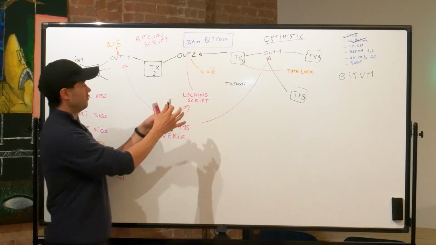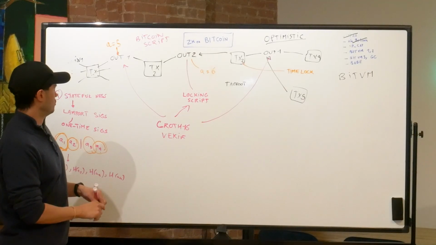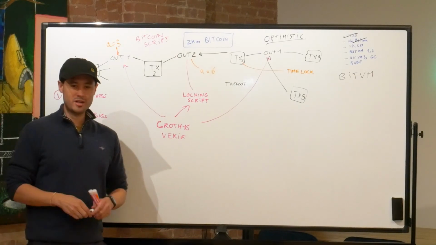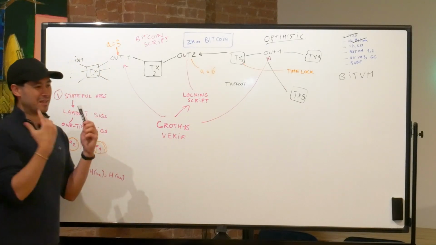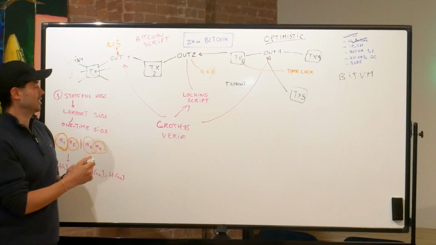It gives you some flexibility. Basically, the abstraction I'm creating here is that we're going to build a circuit on Bitcoin. That's the way I see it. And once you can build your circuit, you can do everything you want.